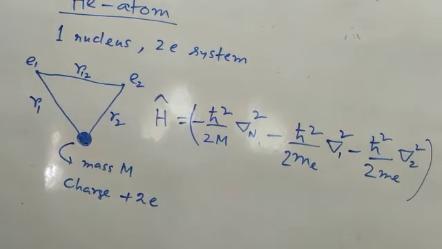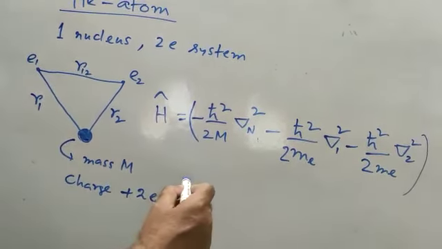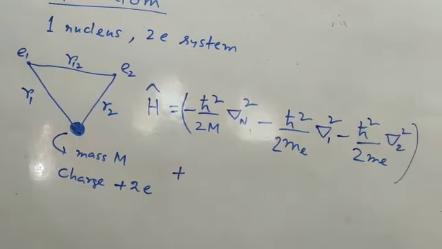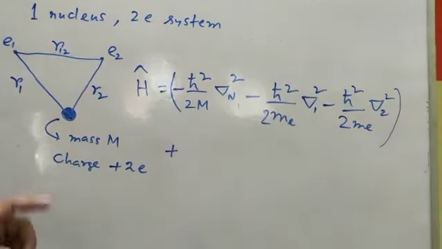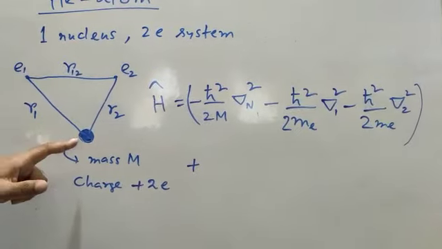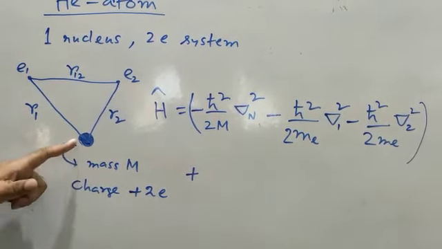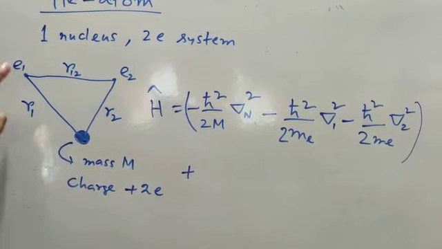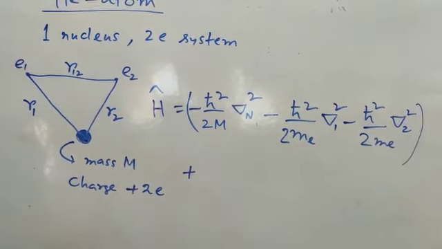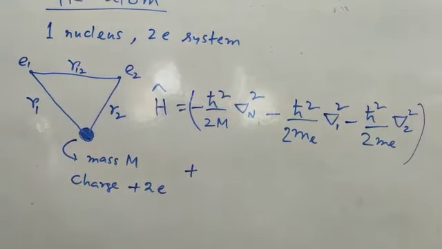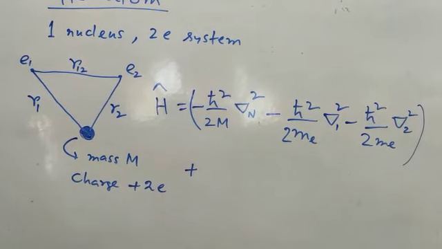There is also the potential energy part. So plus the potential energy part. There is the nucleus-electron attractive Coulomb potential. So this is attractive, and we know that an attractive Coulomb potential is written with a minus sign.